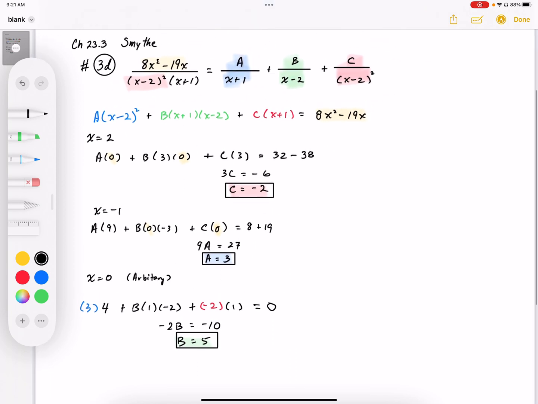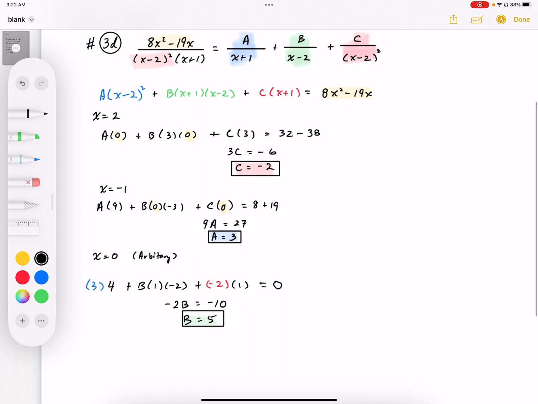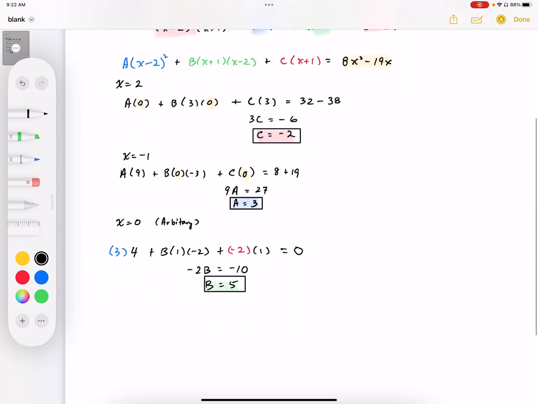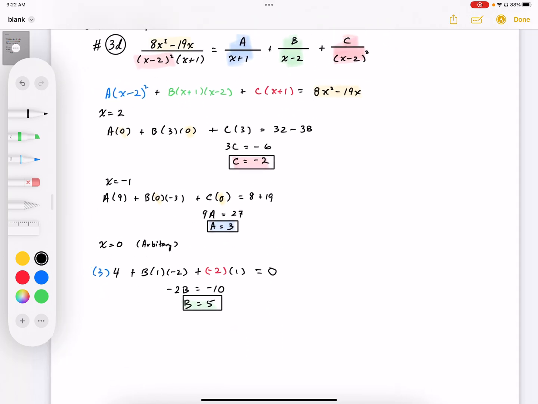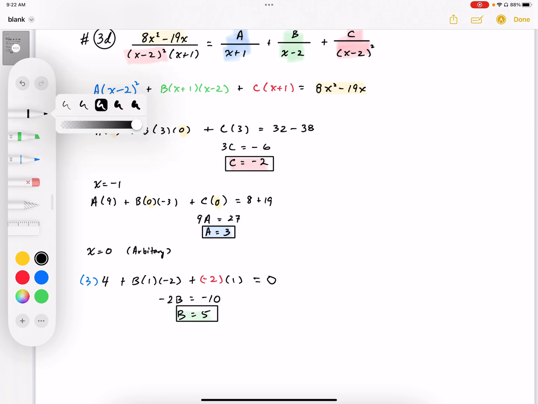So if I were to write that partial fraction, then my partial fraction works out to be, I just need to make this a little bit smaller so I can see the rest of it.